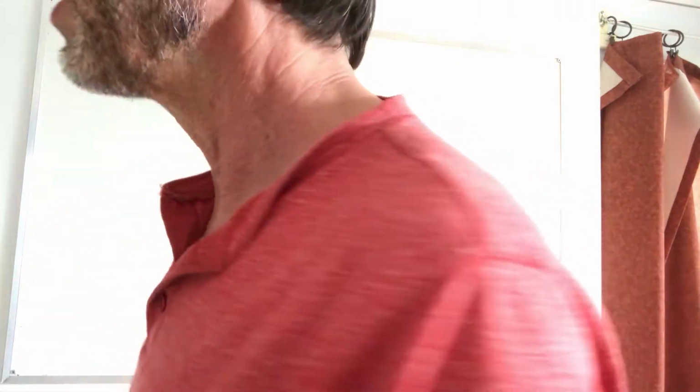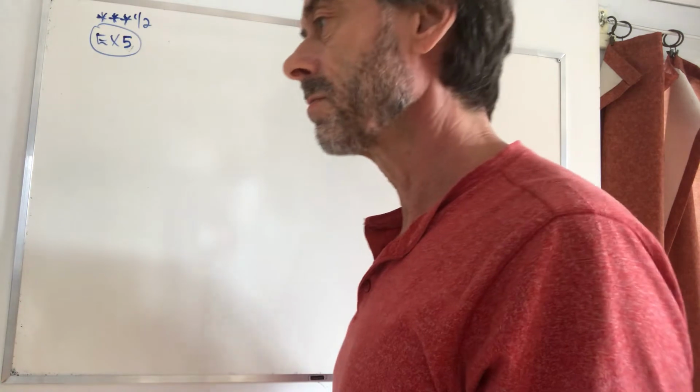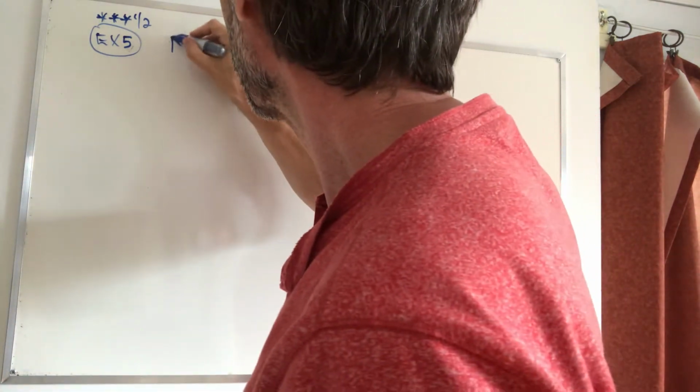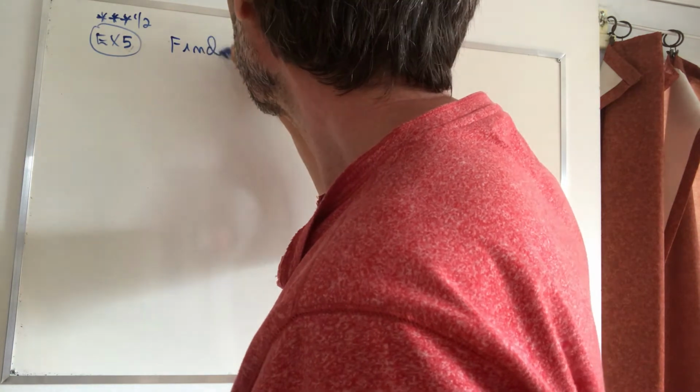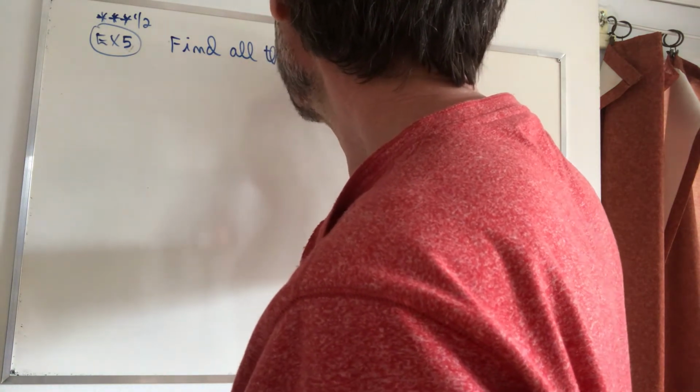All right. So this would already be example 5. Example 5, still 3.5 stars. Or no? Well, you'll be the judge. Find all the zeros.